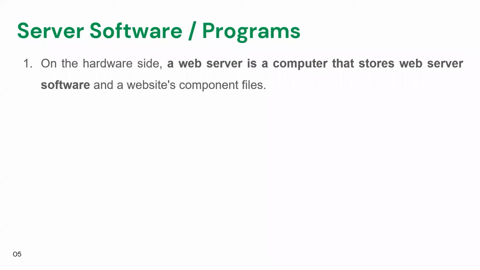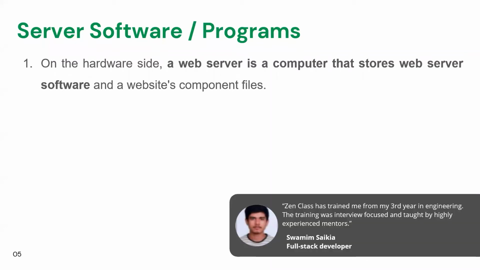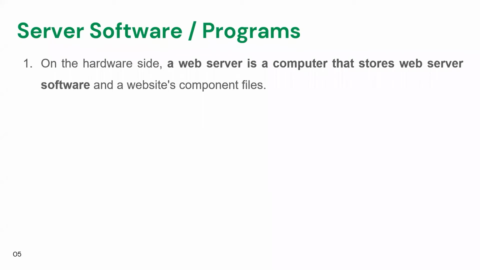So when we upload our website to a particular server, that server always runs some software which is normally known as server software or programs. In normal cases, on the hardware side, a web server is a computer that stores web server software and the website component files.